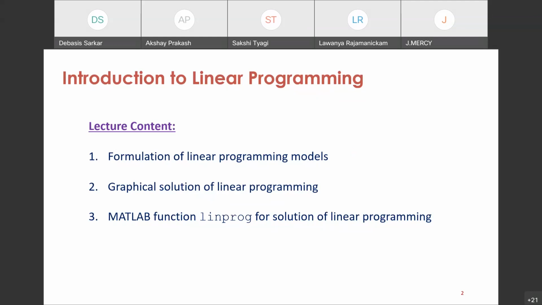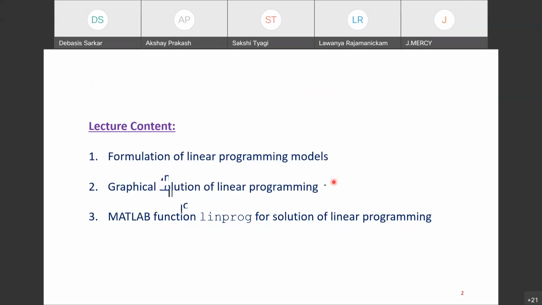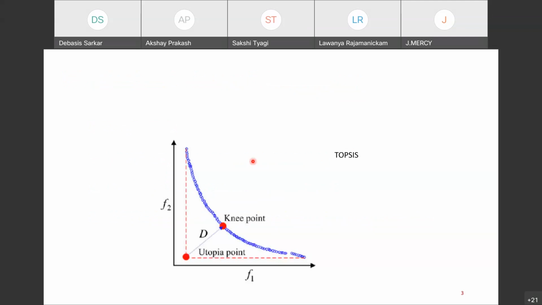It is basically the decision maker's choice. As an optimizer, you would like to have points on the Pareto optimal front. The next decision can only be taken once I get certain inputs from the decision maker.